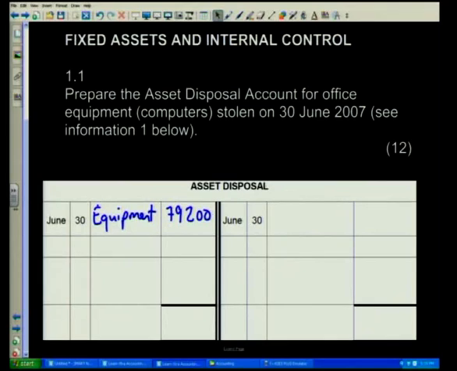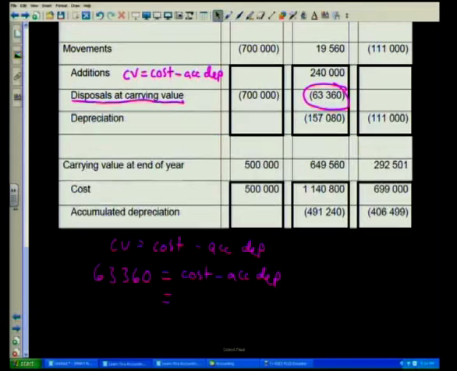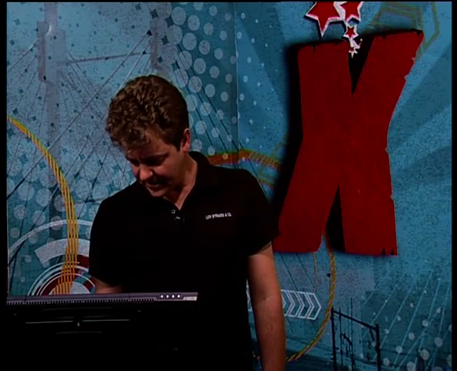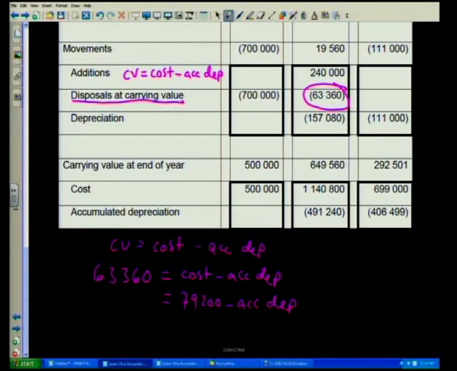Remember, our cost price was 79,200 Rand, which we got by multiplying the 6 computers that were sold by the cost price of each computer. So what that means is that we have the cost price, and it's 79,200 Rand. What we want to calculate is the total accumulated depreciation on the date of the sale. And can you see that we now have an equation that allows us to calculate it?